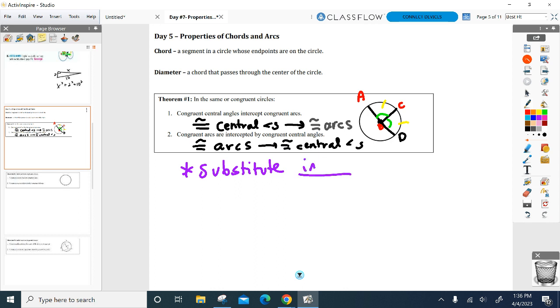All right, so substitute in inscribed for central angle. So just heads up there. Same exact fact, but now use inscribed instead of central. It is your bad. We're all good?